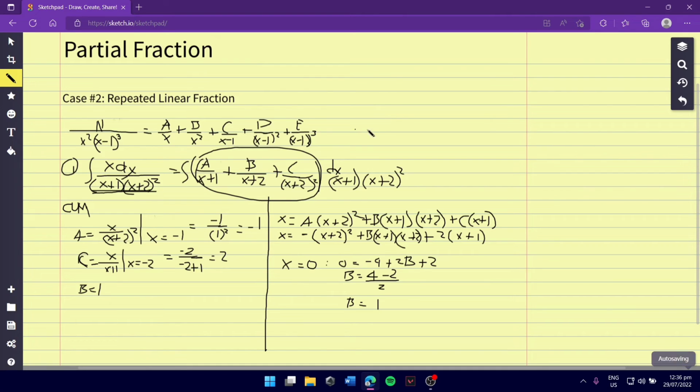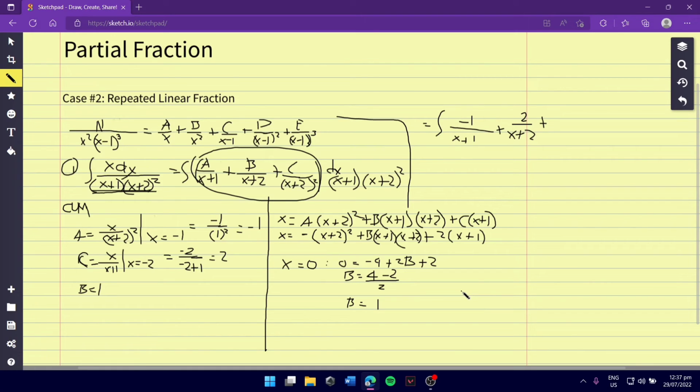So this will become the integral of A, the value of A is negative 1 over x plus 1, and then your B, which is 2, over x plus 2, and then your C, which is 1, which is 2.